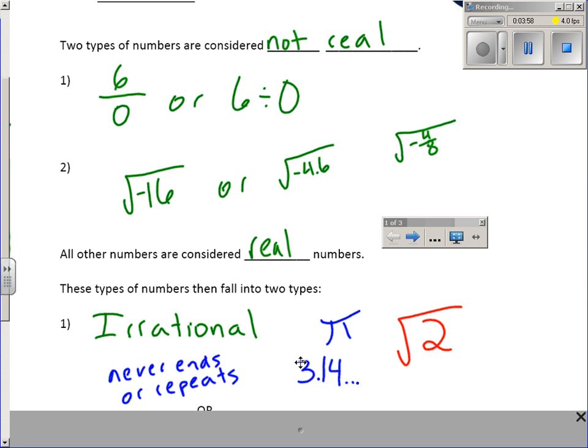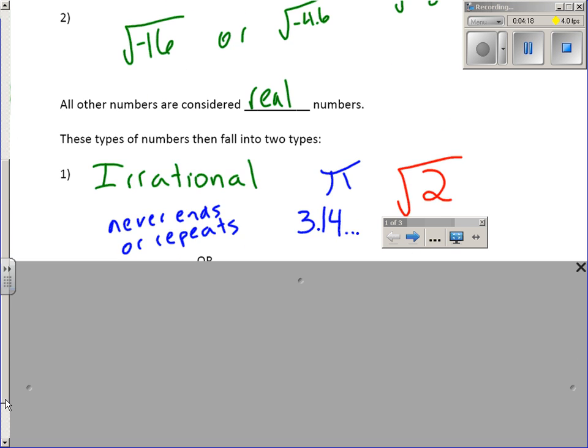And if it could keep going, it would go on forever, because it's the same situation as pi, where it's going to go on forever, and it's not going to have any sort of pattern. So it's also irrational. These are the 2 types of irrational. Well, there's more. Pi is the most common one, and square roots of non-perfect squares are the second most common. And for now, that's all you need to know.